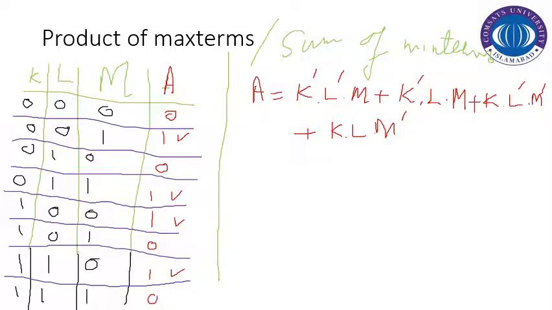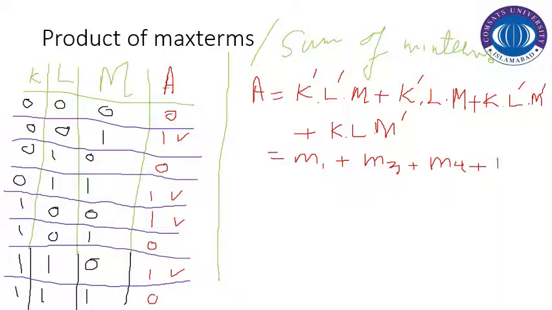Okay, so we can represent that also with respect to notations which you've studied before. So this one, K prime L prime M, is small m1, plus this is m3, plus this is m4, plus this is m6.